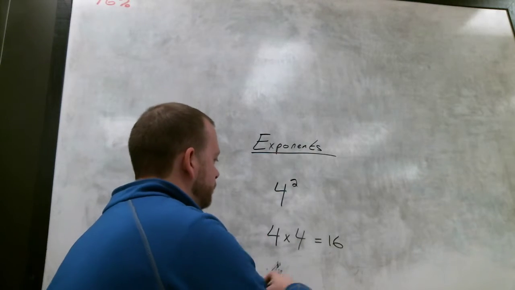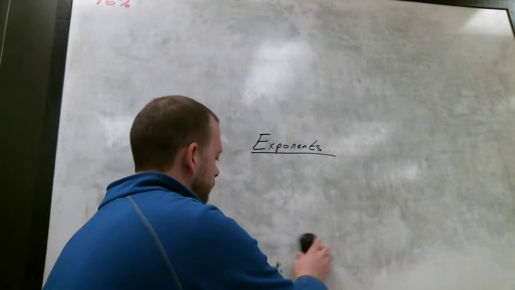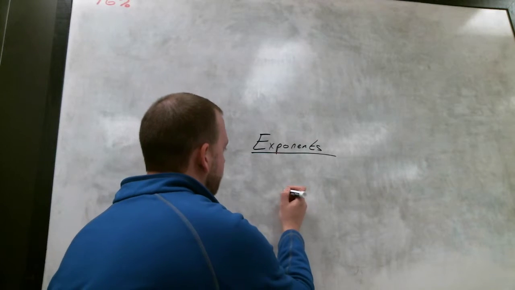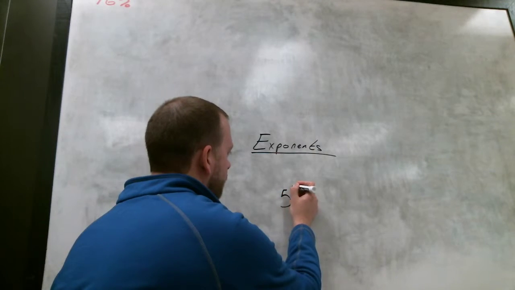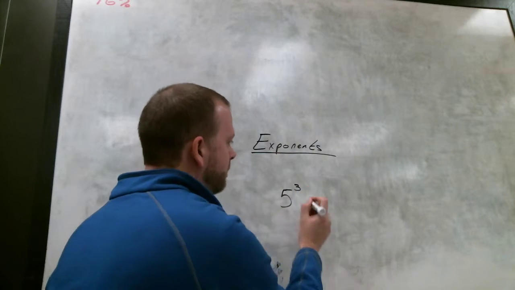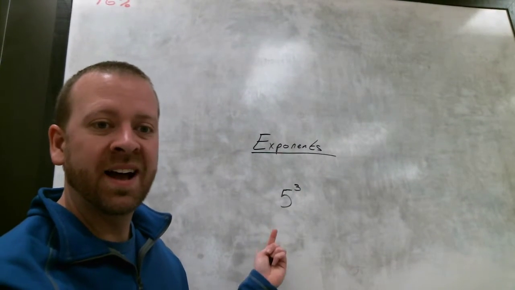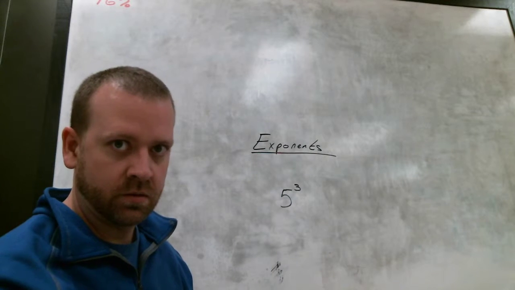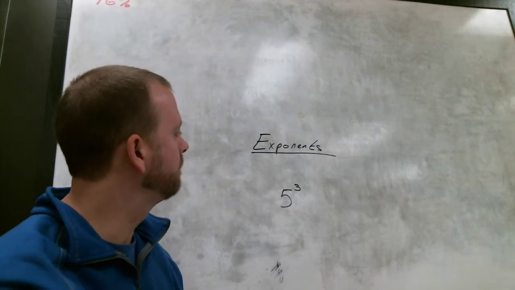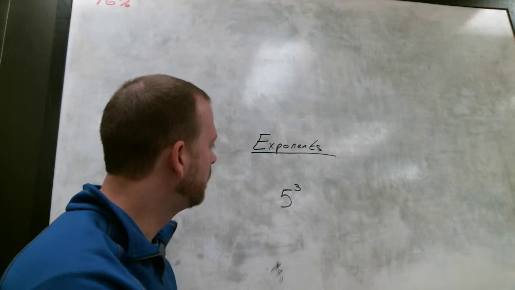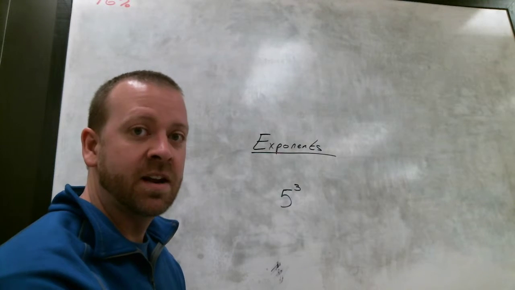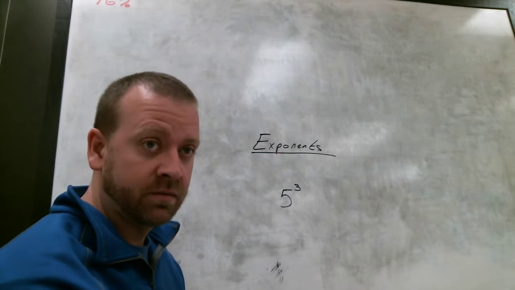Let's do one more. Our base is 5. Our exponent is 3. 5 to the third power, or 5 cubed is another way to say it. Okay? All right. So I've got my base. That's the number we're multiplying times itself.